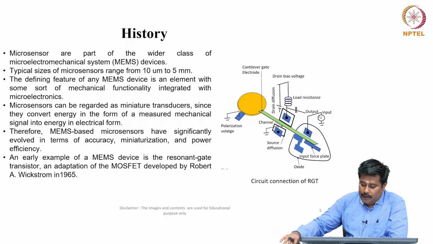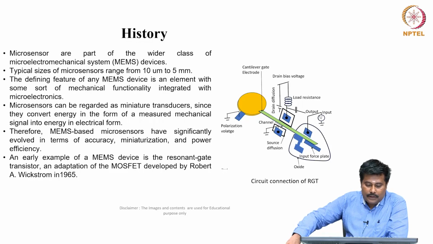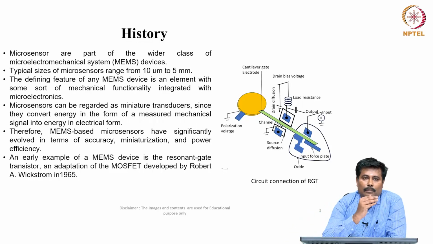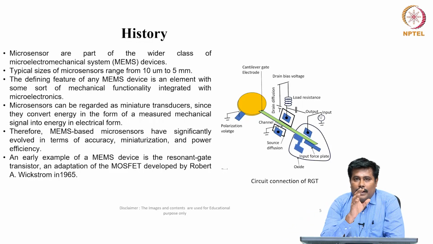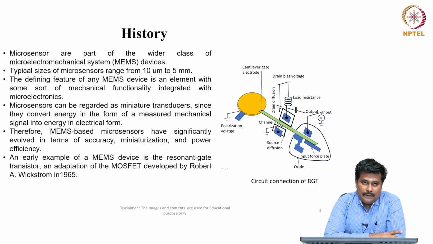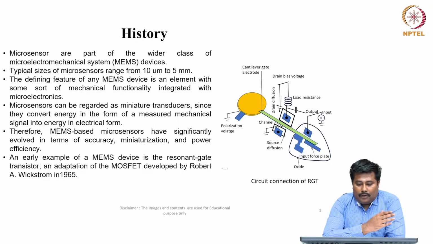Now, when we look at a closer view of these microsensors, microsensors are a part of a wider class of micromechanical system devices. Typically, microsensors range from 10 micron to 5 mm. The defining feature of any MEMS device is an element with some sort of mechanical function integrated with microelectronics.